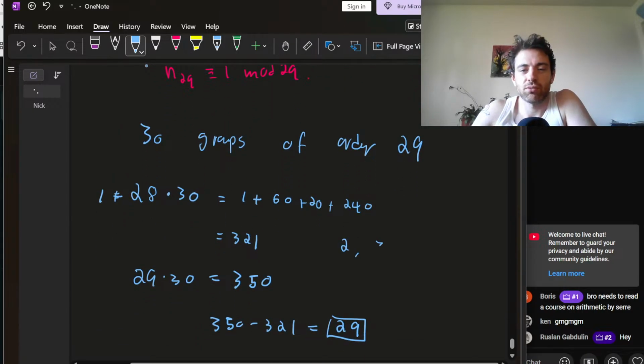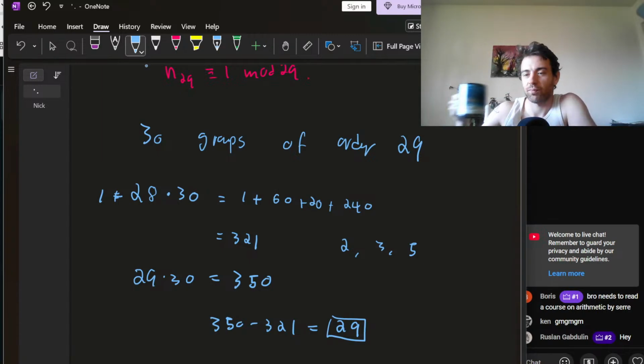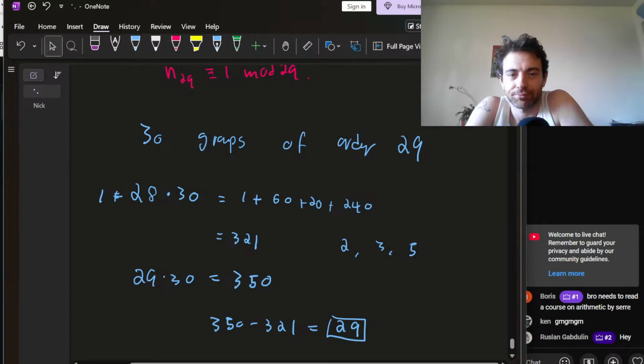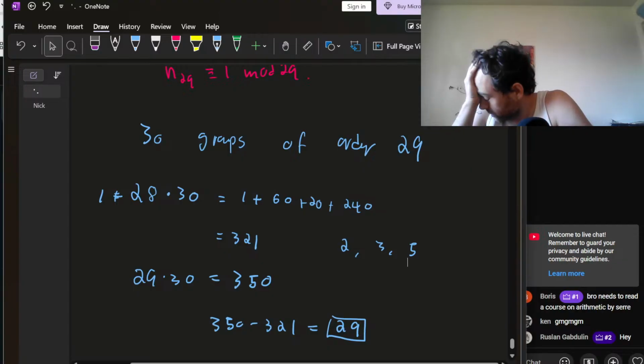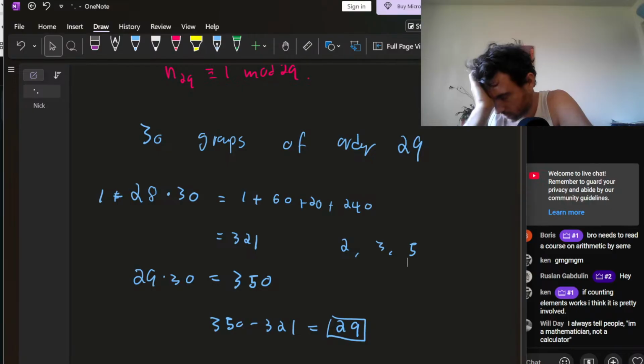Hmm. No, does this approach still work? Because this works in other cases where you can't immediately.